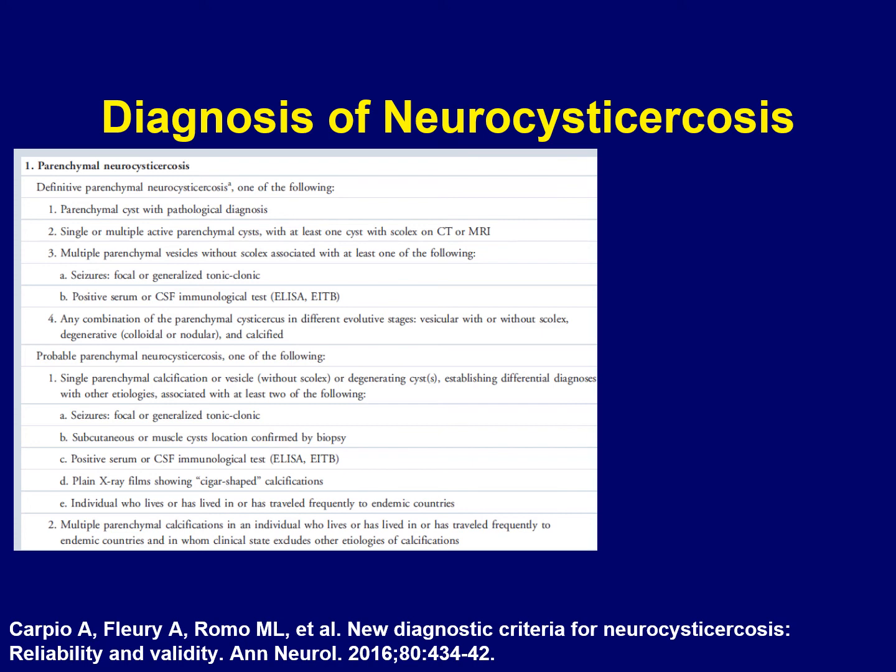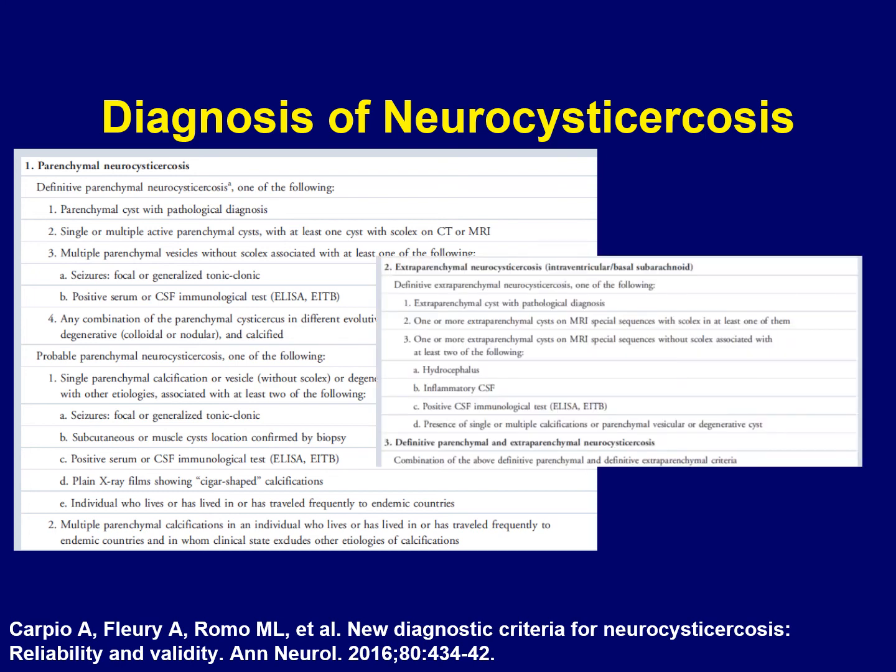It also involves symptoms and potentially epidemiological criteria like travel history or where an individual has lived based on a country's endemicity. It's very, very complicated. Different criteria for types of neurocysticercosis depending where in the central nervous system it is.